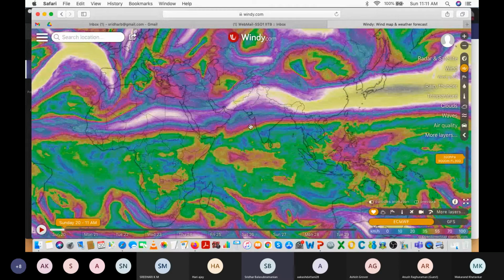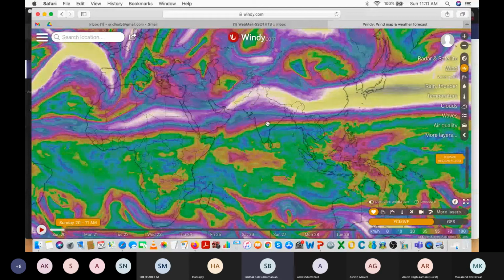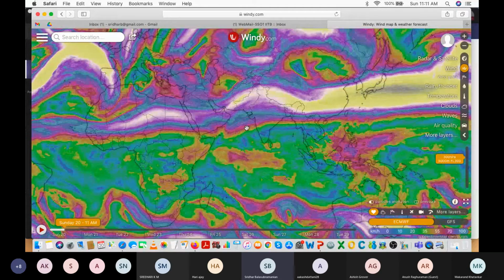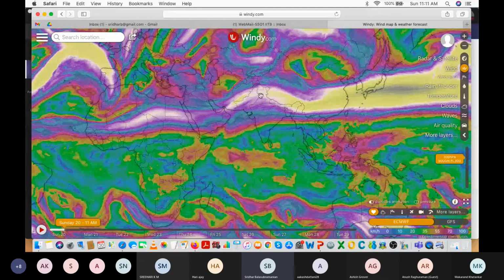That is mainly because of this trough pattern coming in. But when this trough becomes too significant, you get violent weather, like very cold conditions. So during winter, for winter weather, we are usually on the lookout for how the jet stream behaves. Okay.